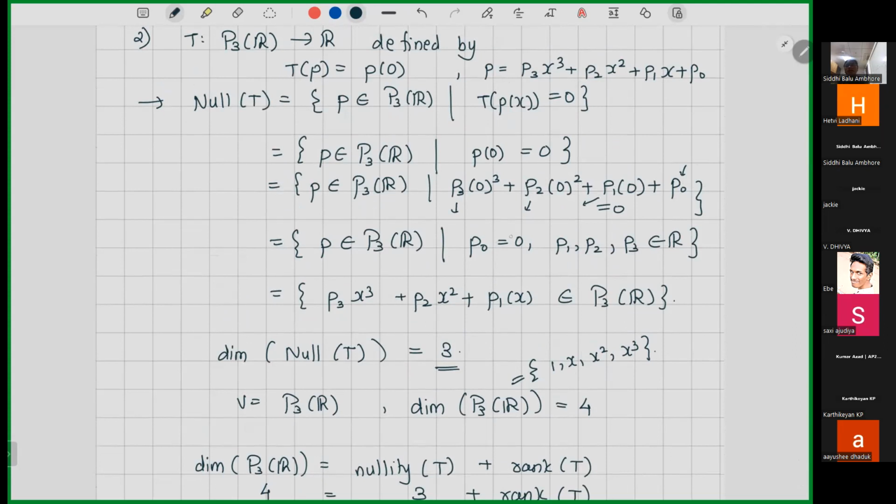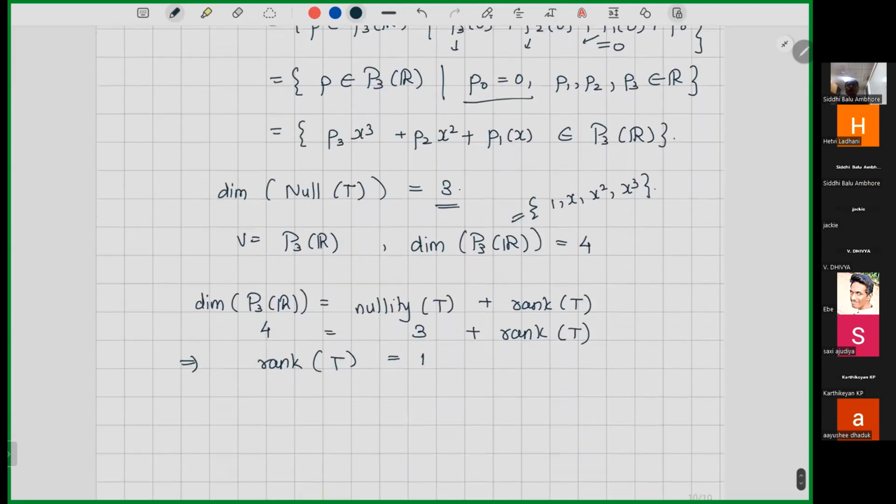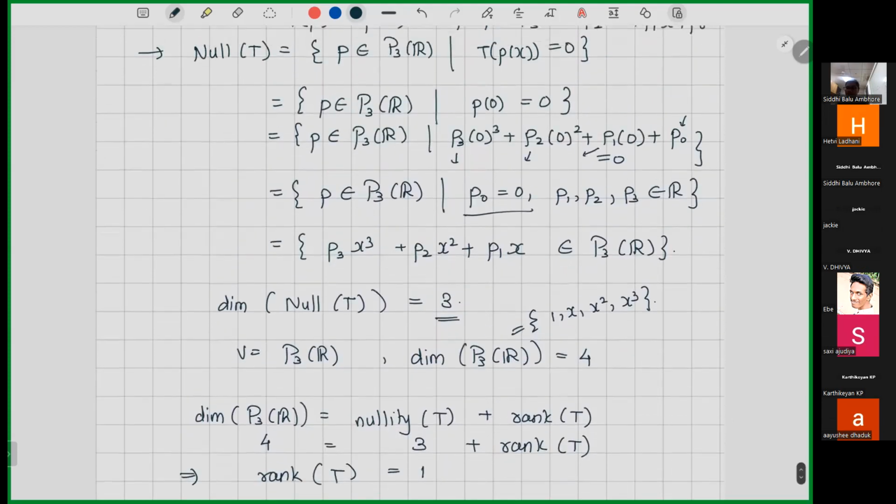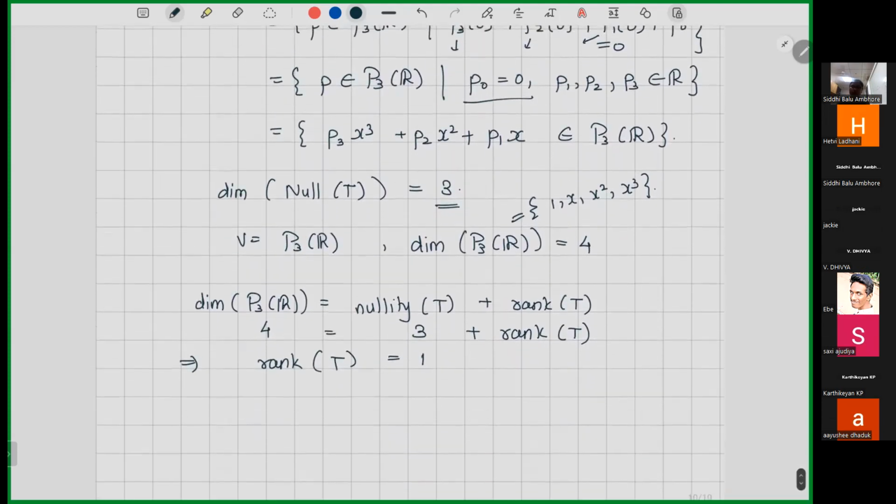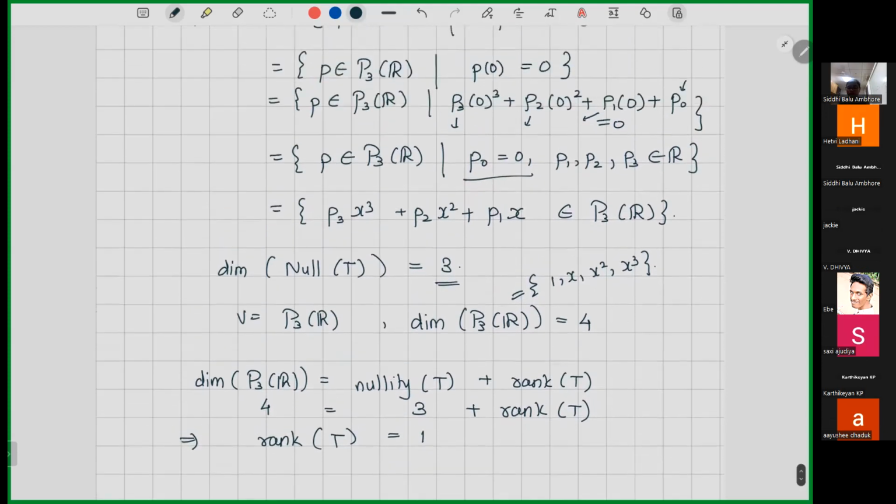So we have to make it 0, and then all the rest of the coefficients with respect to x and x square and x cube could be anything from R. That's how we get the null space, the nullity is 3, and by using the dimension theorem we get that the rank of T is 1. Any doubts here?